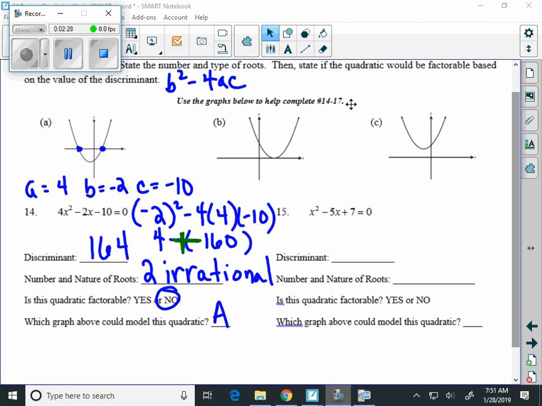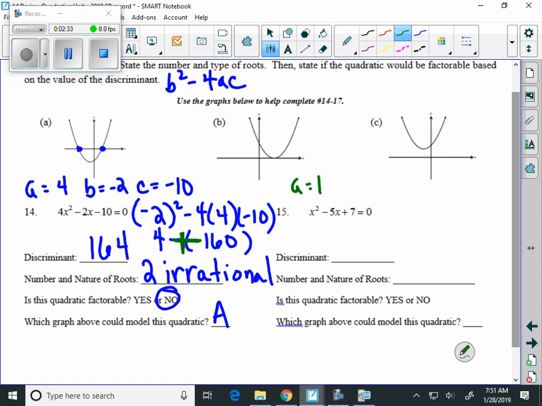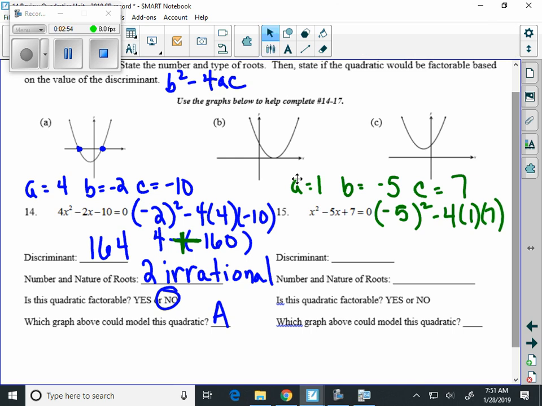Number 15, same thing. Identify the fact that A is 1, B is -5, and C is 7. And fill in b squared minus 4ac. So we get -5 squared, and you do want parentheses around there, minus 4 times A times C, and this time we'll type that in the calculator.